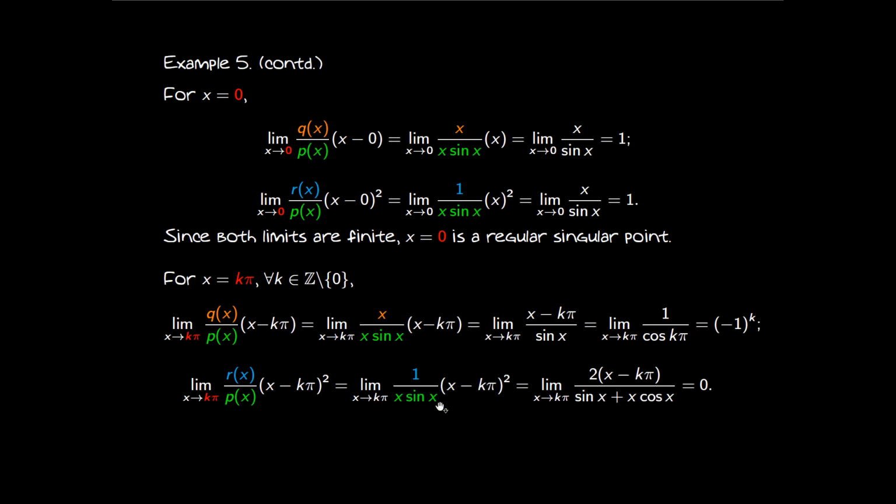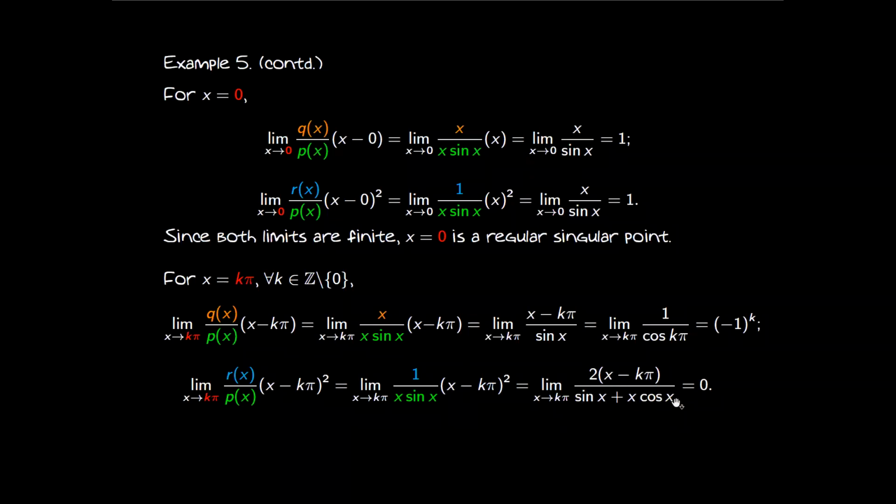The denominator, the sine part, also goes to 0. So we have to use L'Hopital's rule again. So I have to take the derivative of the numerator. That will be twice this factor, times the derivative of this, which is going to be 1, so we don't have to write it. And the derivative of the denominator is going to be sine plus x times cosine, right?